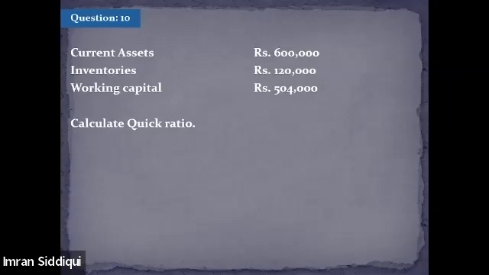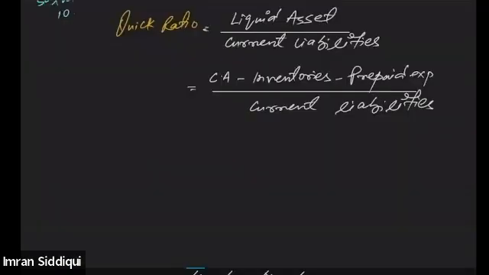You're still solving it. See, let me help you. First of all, we'll apply this formula: quick ratio equals liquid asset divided by current liability. Now we know that in place of liquid asset, we can write down current asset minus inventory minus prepaid expenses divided by the current liability.